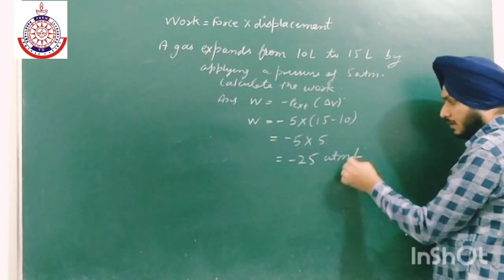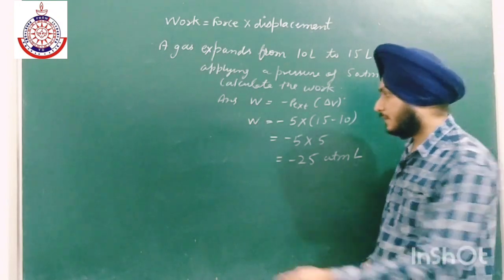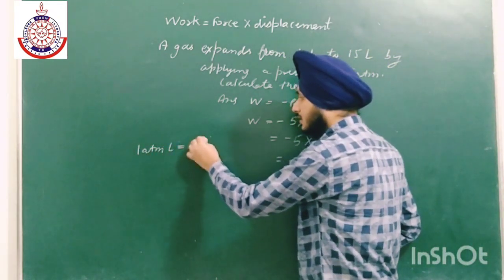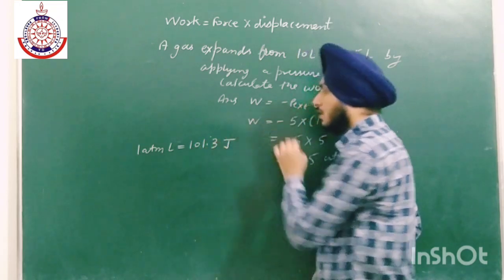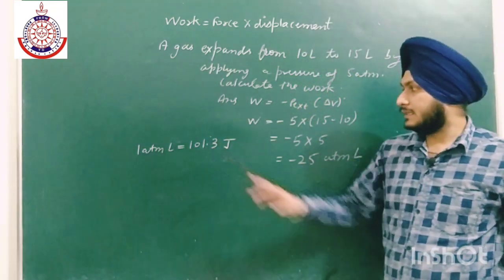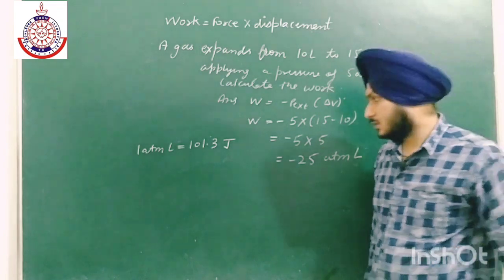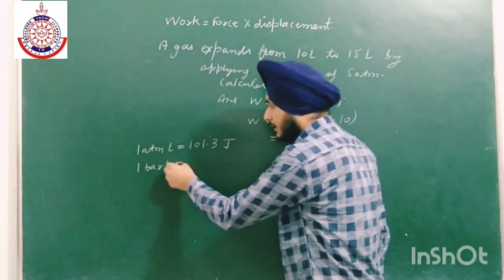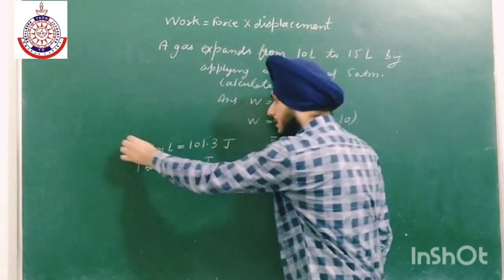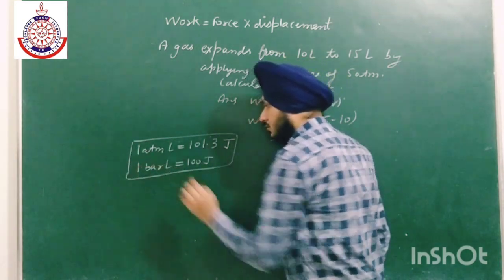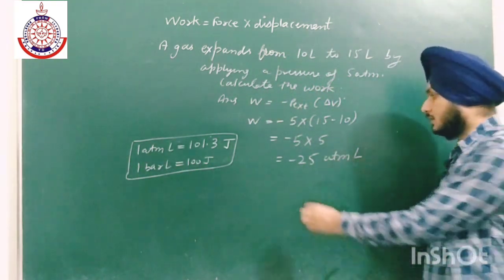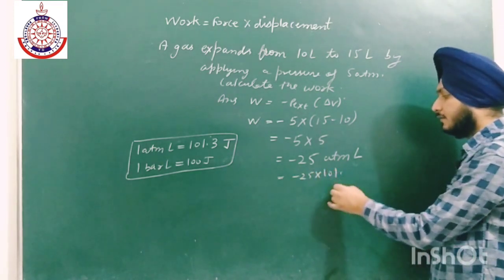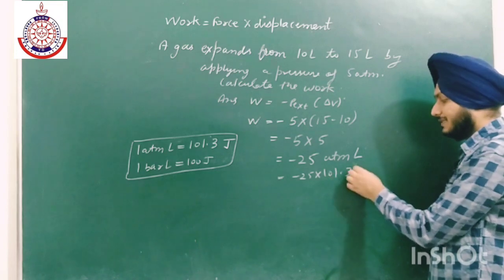atm liter. Now keep in your mind that 1 atm liter is equal to 101.3 joule, and 1 bar liter is equal to 100 joule. So keep in your mind these two relations. In order to calculate the work in terms of joule, we just have to multiply here by 101.3 joule.